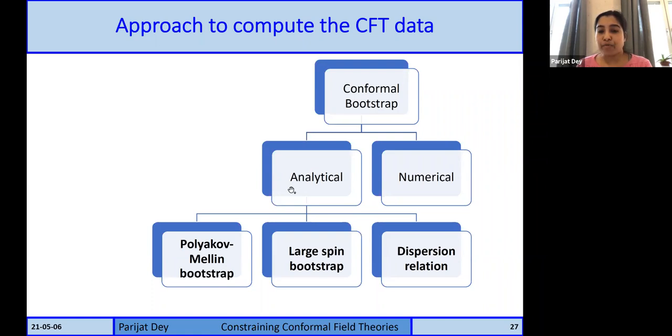So I am working on analytical aspects of this conformal bootstrap, and there are several tools to study the CFT data, namely the Polyakov-Mellin bootstrap, large spin bootstrap, dispersion relation, or the Lorentzian inversion formula. Today I will talk about this dispersion relation in the context of conformal field theory.